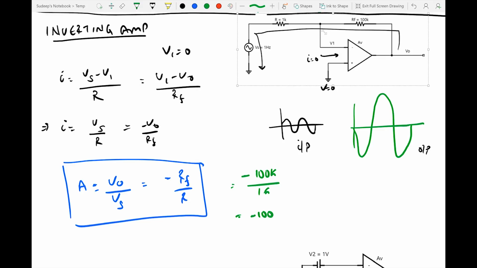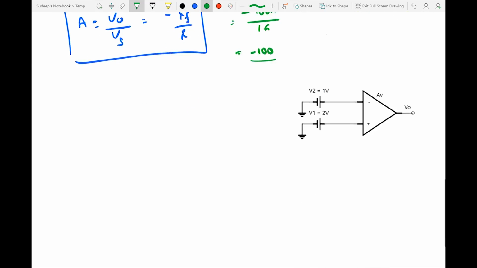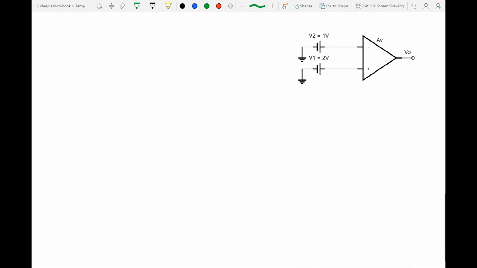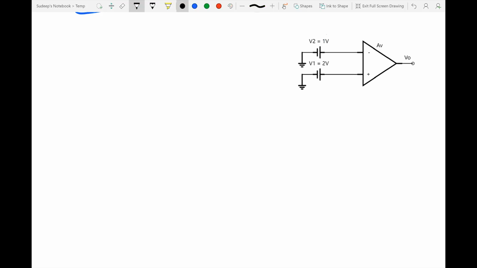Okay, so we have covered the inverting amplifier and looked at that as a simulation, and we've seen that the amplification that we got is minus 100 times for the input. Now let's look at this differential amplifier and its working as a comparator. A comparator does a very simple job.